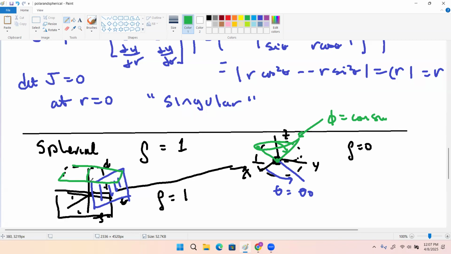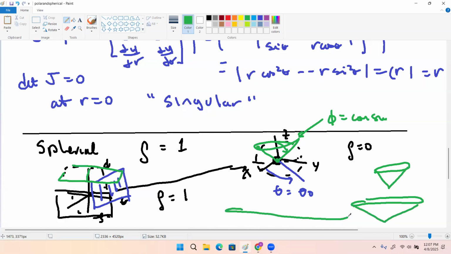So when you take this, you can imagine taking the cone for phi equals constant and making it much wider still, until this cone point is in the center, and it's like a large giant plane, if you will.